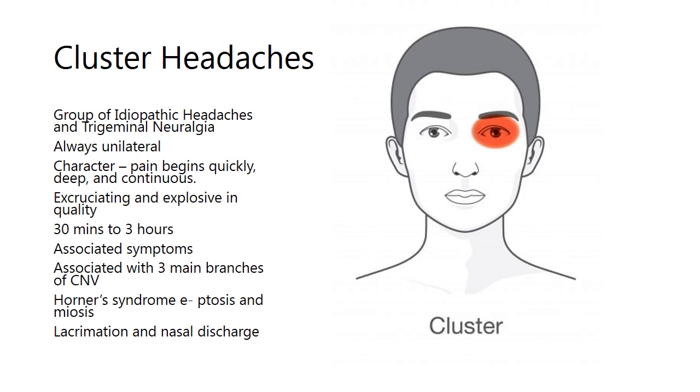Cluster headaches are much less frequent, much less prevalent, I should say. The prevalence of cluster headaches is estimated to be about 0.4% in men and 0.08% in women. Cluster headache is a group of idiopathic headaches and trigeminal neuralgia.